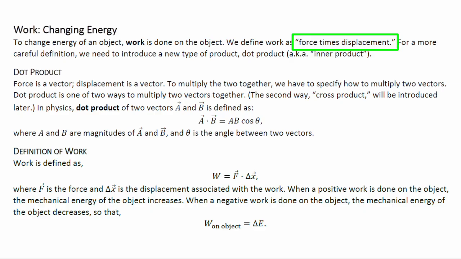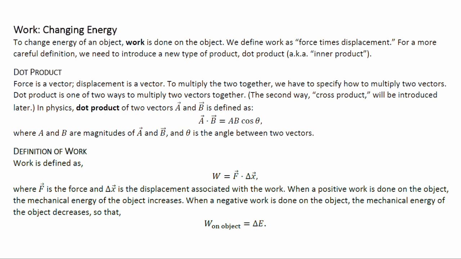And because force and displacement are not mere numbers, but vectors, that is, their directions are a meaningful part of their definition and description, this multiplication has to be done very carefully and very mathematically. We defined and described the dot product earlier. Your textbook covered the dot product in chapter 2.